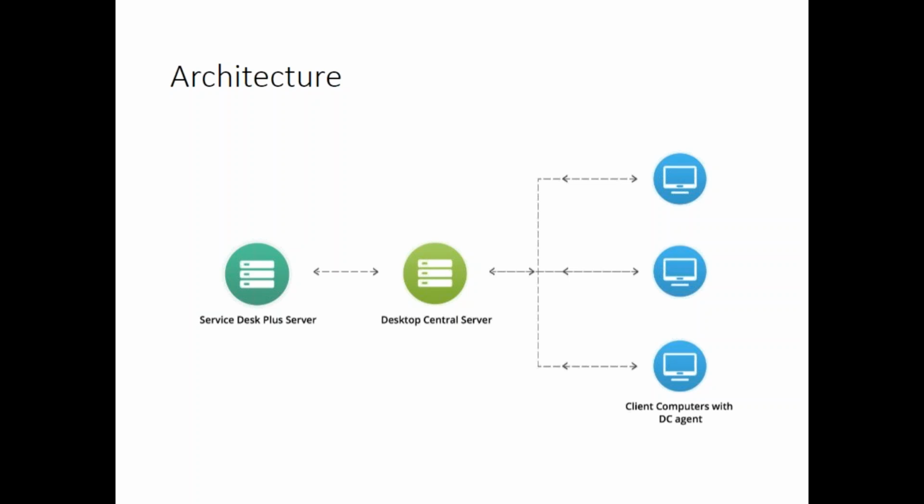The clients have the Desktop Central agent installed, which has the intelligence to fetch inventory information such as software and hardware information, OS key, license key information, and warranty information, which will be posted to the Desktop Central server. And the Desktop Central server will update the ServiceDesk Plus database.